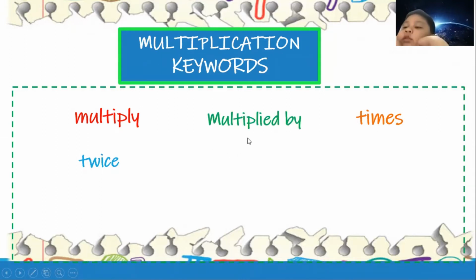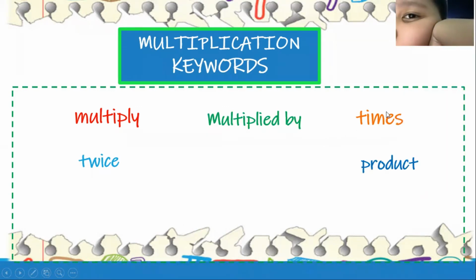Times 2. Then next word we have multiply by. Who can read the next word? Product. Okay, that's right. If you can remember in our previous lesson, I have shown you what a product is. A product is the answer when you are multiplying numbers.